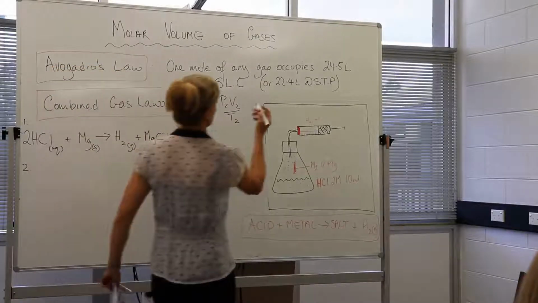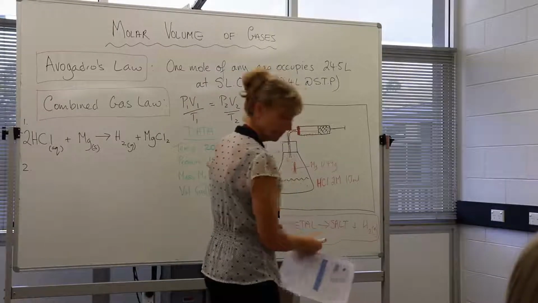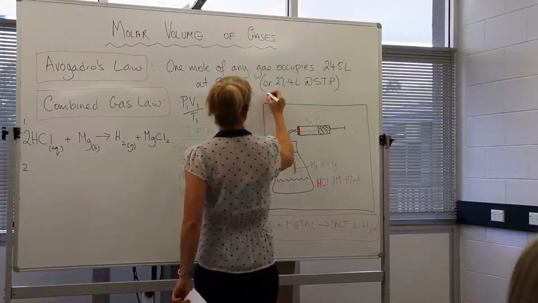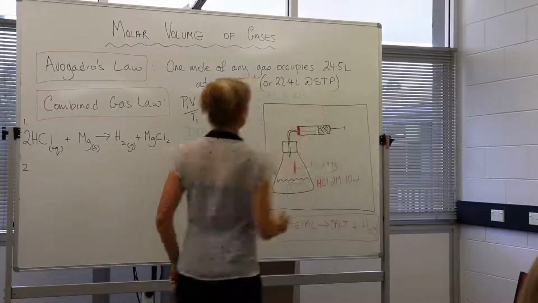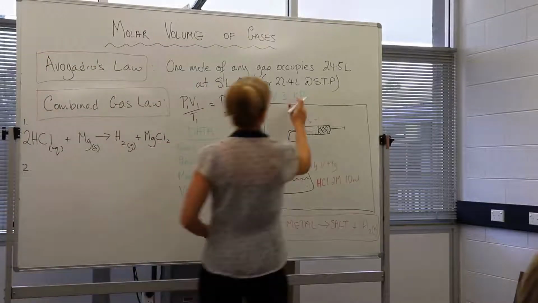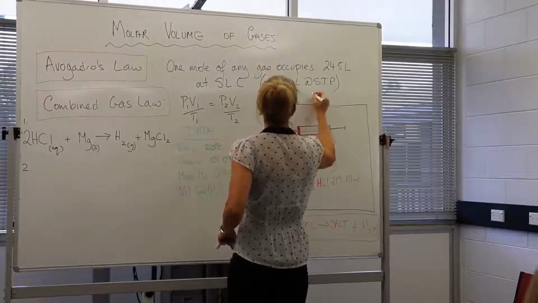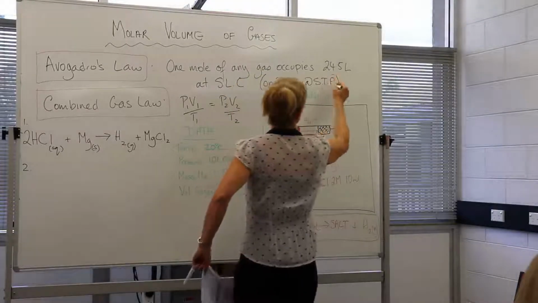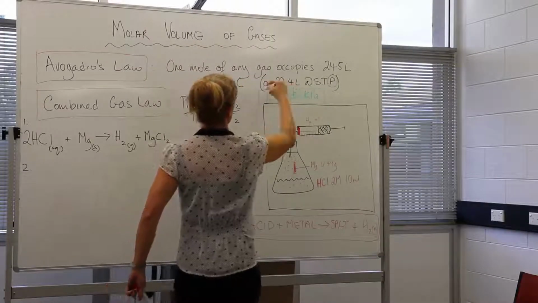Who remembers atmospheric pressure at sea level? It's 101.3 kilopascals. They're going a little bit more accurate, so let's do that as well: 101.325 kilopascals. So that's the standard pressure, and that's what that's referring to, and it's also what is in the standard laboratory conditions, the same pressure for both.